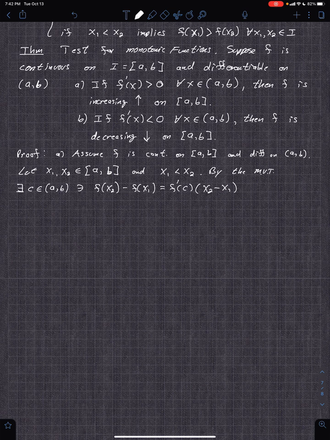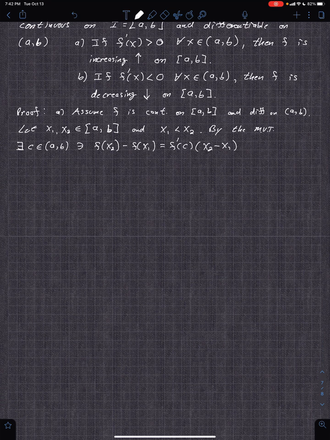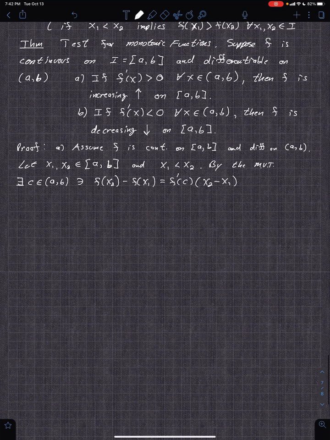Okay, so then what we're going to show is the implication here, which says if f prime is positive, then f is increasing on AB.